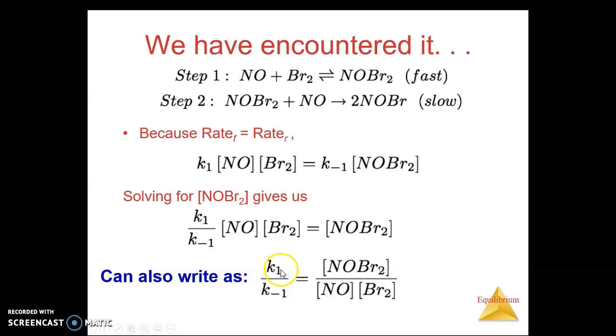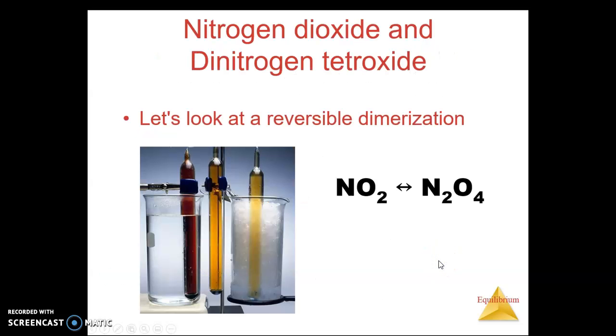So k forward divided by k reverse is equal to the concentration of the product, left to right, divided by the concentration of the product right to left, which is the reactant left to right. This is going to be an important expression.